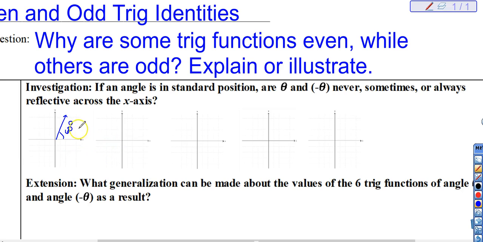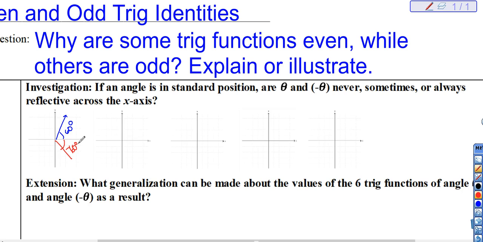So that's positive theta. And we do a negative theta in the same standard position. That's a rotation of how far? 60 degrees and negative 60 degrees. It just has to be in standard position. Theta is 60, so negative theta is negative 60.